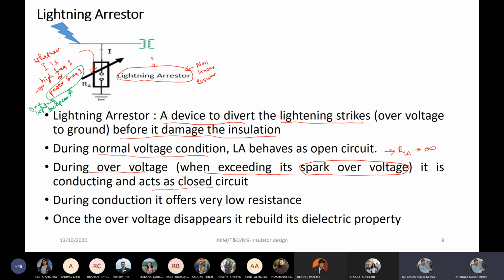Then they understand that yes, lightning has already gone, so once the lightning or voltage disappears, it builds the dielectric property automatically.